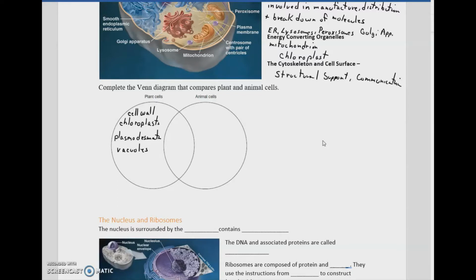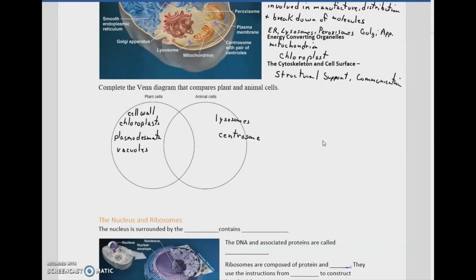This is the compartment that stores stuff. It can store water, or it can store food, or it can store waste. Animals have lysosomes. They help break down things, and they have centrosomes, which is a structural component.